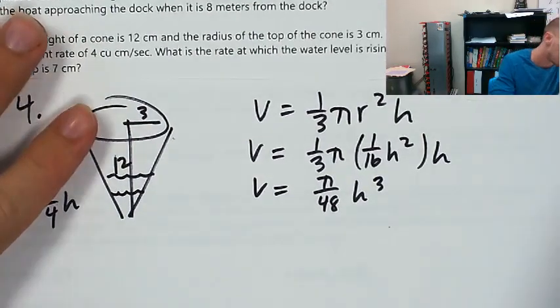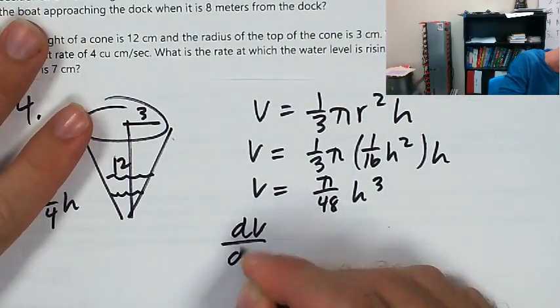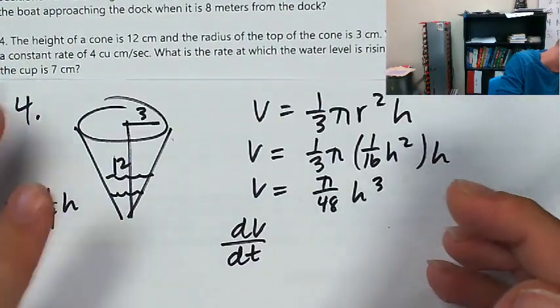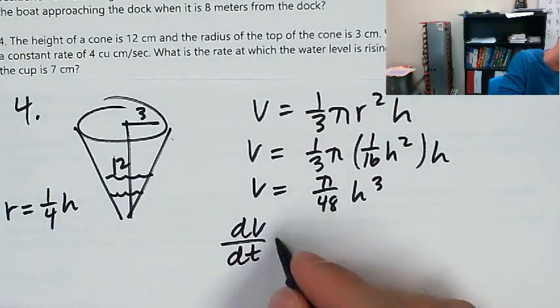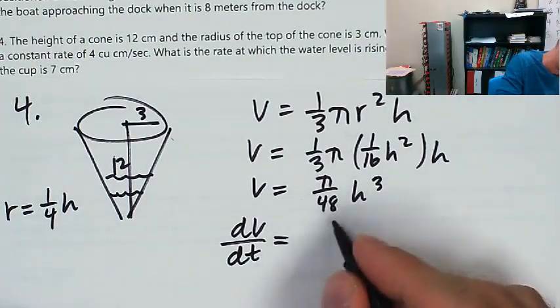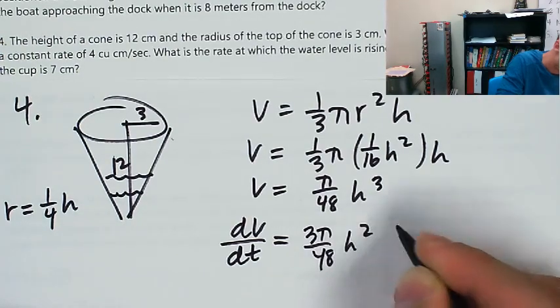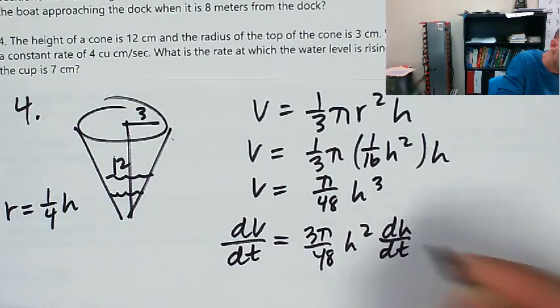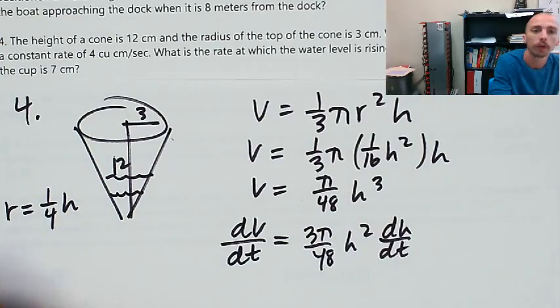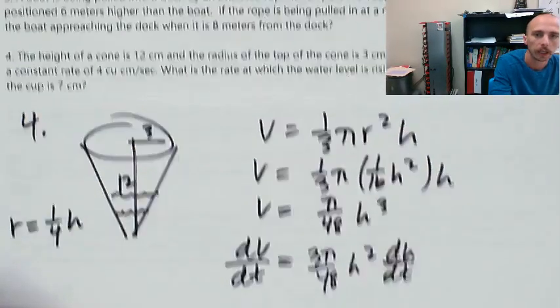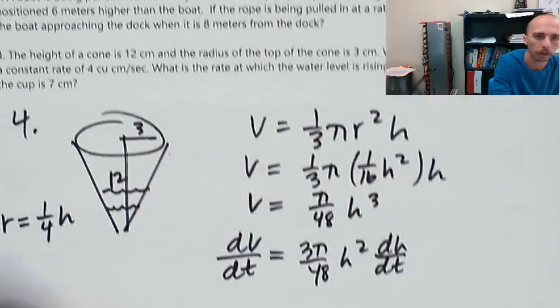So what am I going to do? Oh, I'm going to take the derivative with respect to time. How many problems are on this set? 7. Okay, that's fine. dV/dt is 3 divided by 48 pi h squared times the derivative of h with respect to time for the chain rule. So I'm going to plug in when the depth of the water is 7.